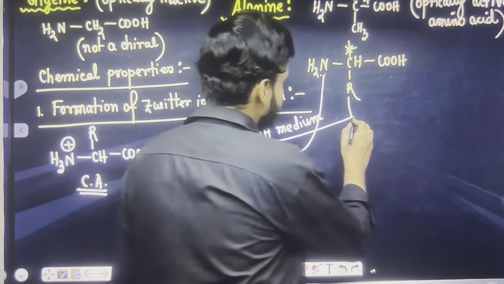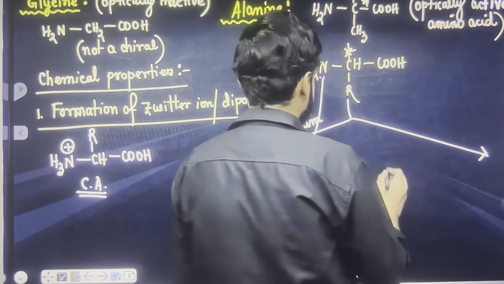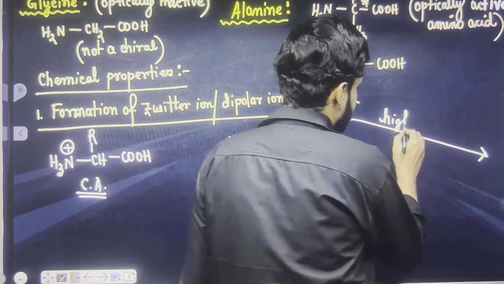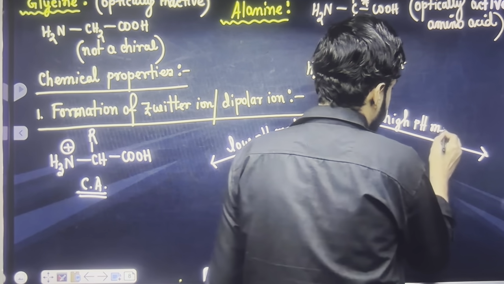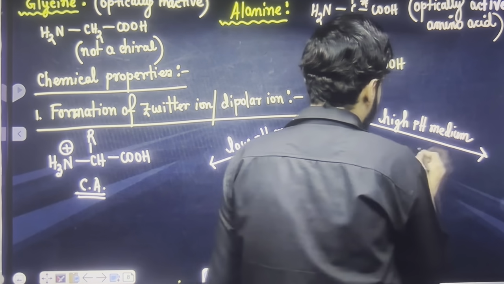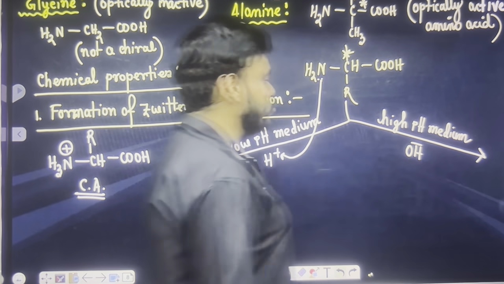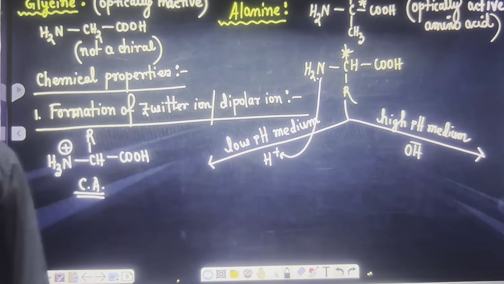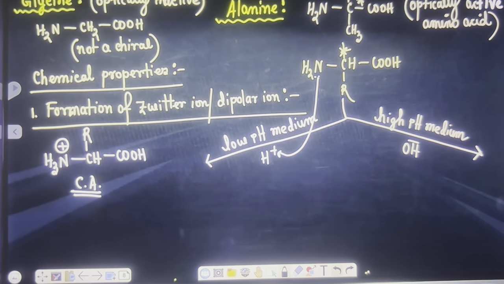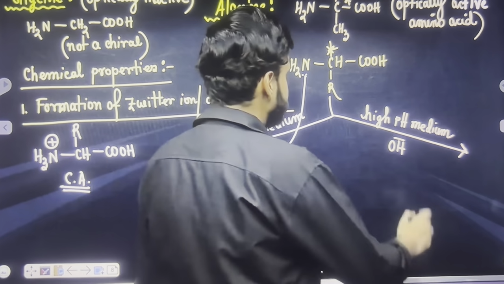Next one, suppose I am keeping this neutral amino acid in a high pH medium. High pH means basic, and base means OH minus ions are present. So what will the OH minus ion do?